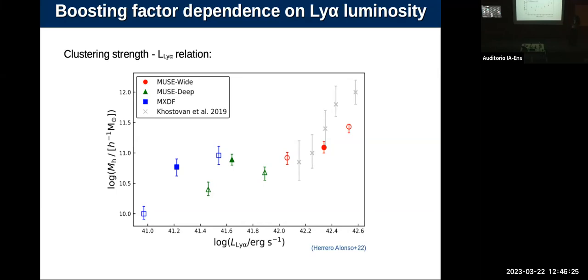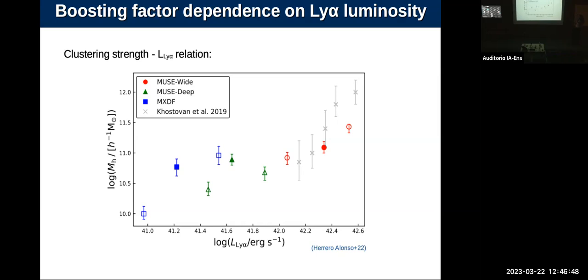If you take these three. Sure. Yes. So here they are asking, well, I've been calling this the clustering dependence on Lyman-alpha luminosity, and here they are wondering why, if we only take the full sample, so the field symbols only, it looks like a straight line. Well, to me, it doesn't look like a straight line at first.